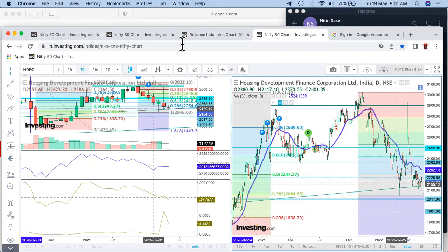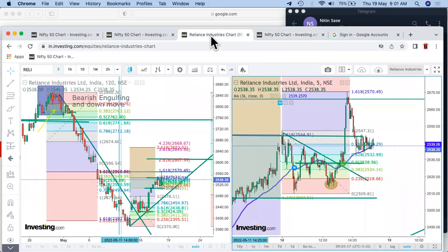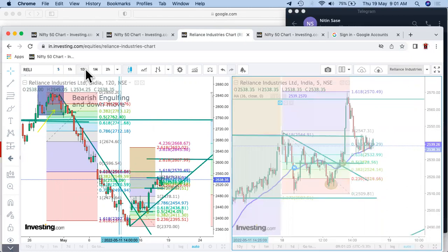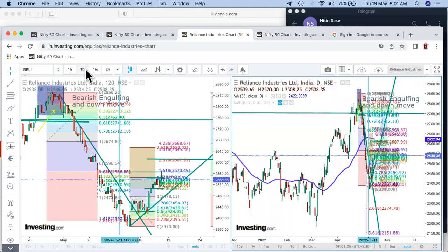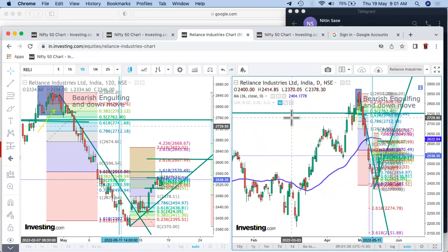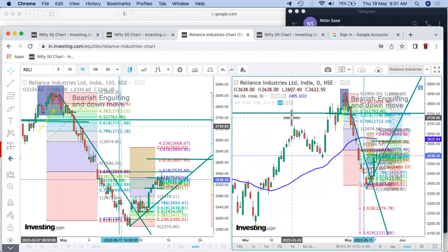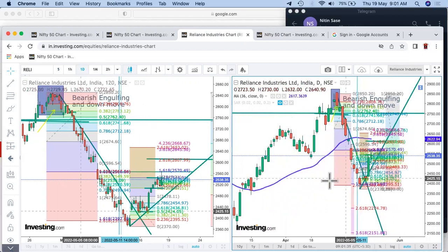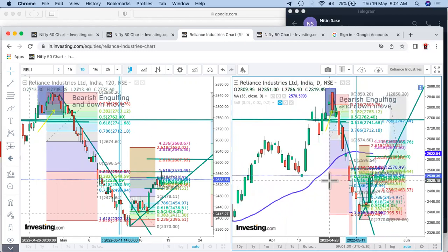Reliance gave us those kinds of confirmations in time frame. First of all, it gave a bearish engulfing candle on the daily. Once that was done, I was pretty sure that the market would be moving down. And when the market did move down, after that we also got confirmations in terms of bearish engulfing.